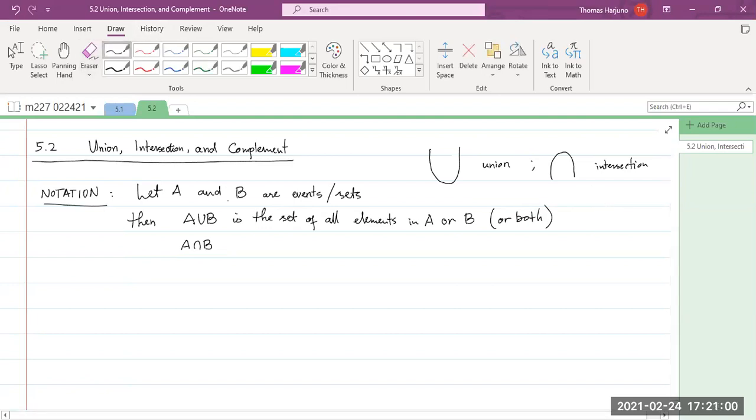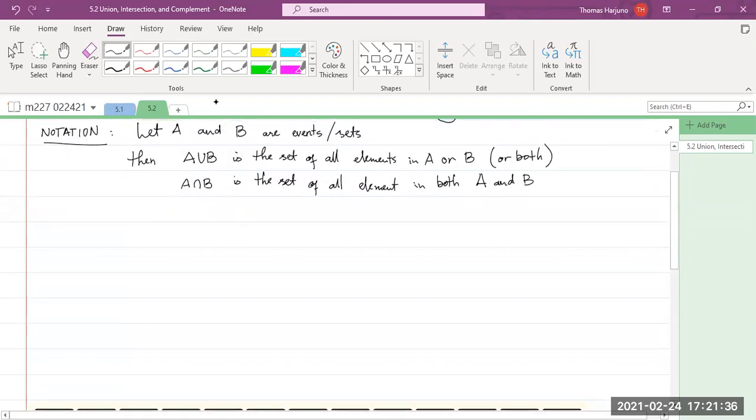Now, A intersection B is the set of all elements in both A and B. So it must be in both of them.